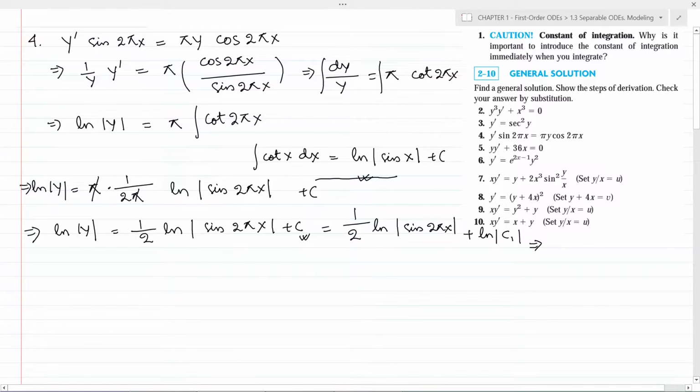We can write this as ln of sin 2 pi x to the power 1 by 2 multiplied by c1, because we know that a natural log of b is equal to natural log of b to the power a.